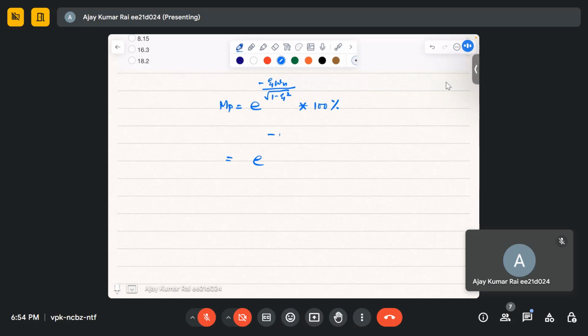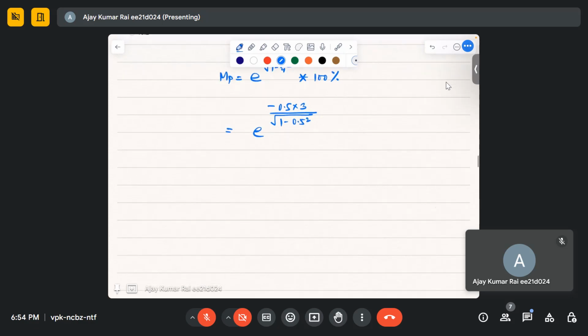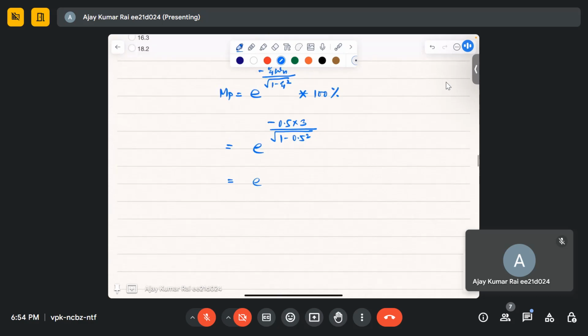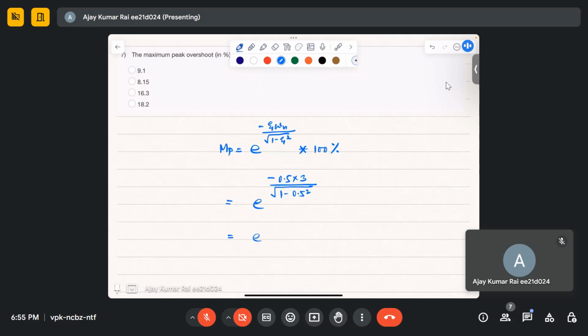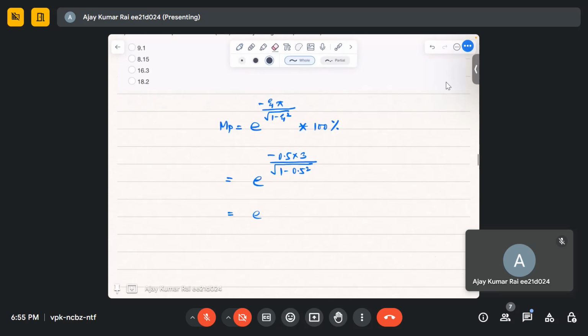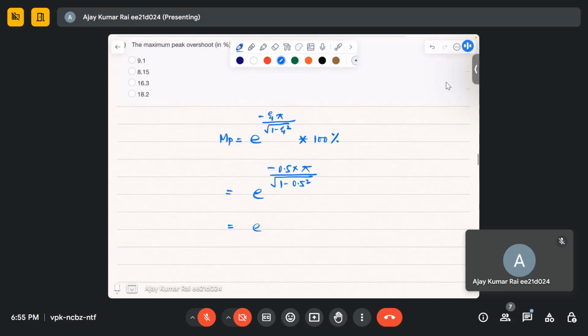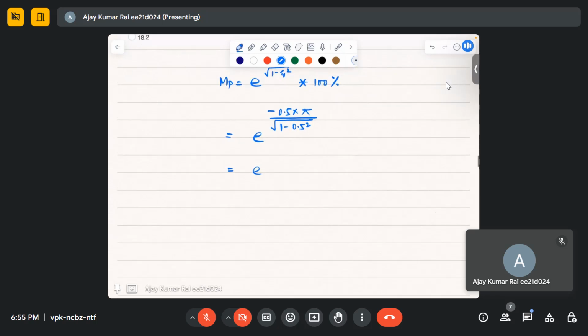So everything is known. This is 0.5 into 3.14 by root of 1 minus 0.5 square. I think I'm making a mistake in the formula, so let me check: it is zeta into pi by root of 1 minus zeta square, times 100 percent.